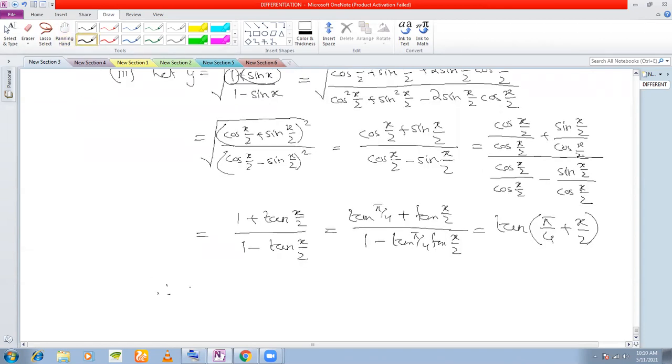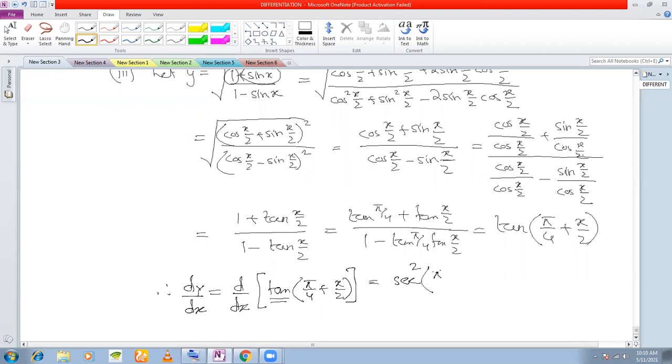So therefore, what is dy dx? We have shown y is equal to tan of pi by 4 plus x by 2. So therefore, dy dx must be ddx of tan of pi by 4 plus x by 2. And how do you differentiate this? Once again, we use the chain rule. First, we will differentiate tan to get sec square. You know, the derivative of tan is sec square.